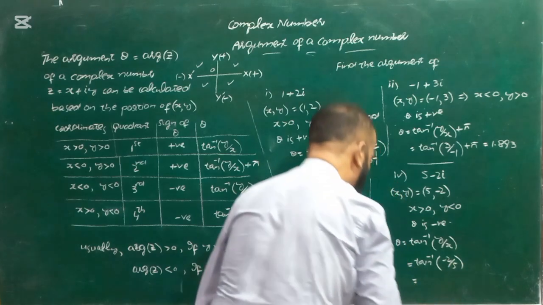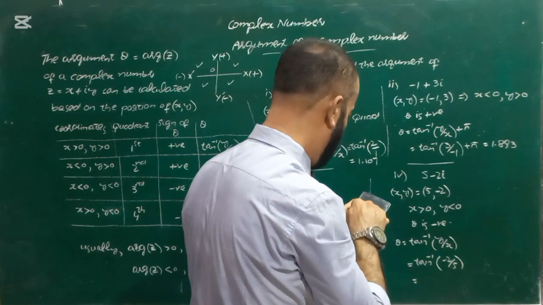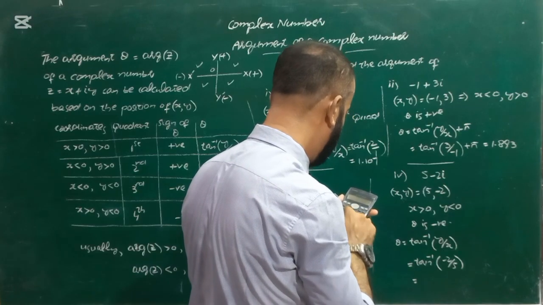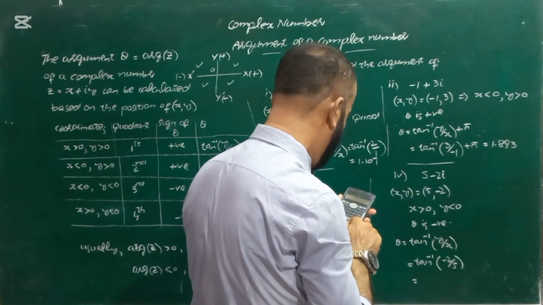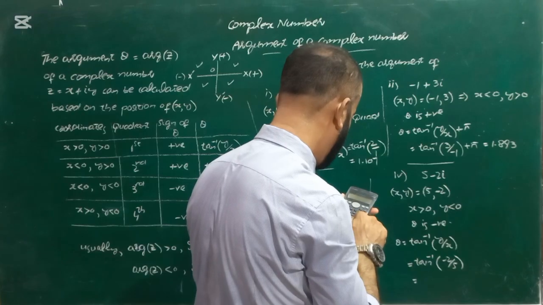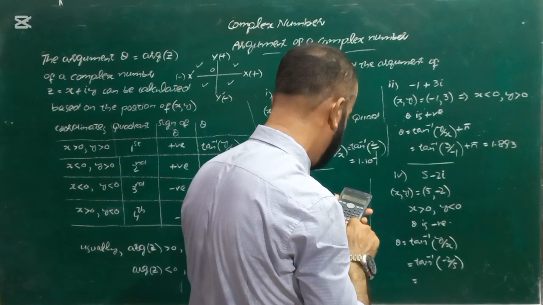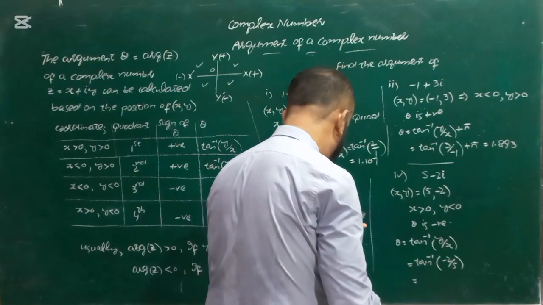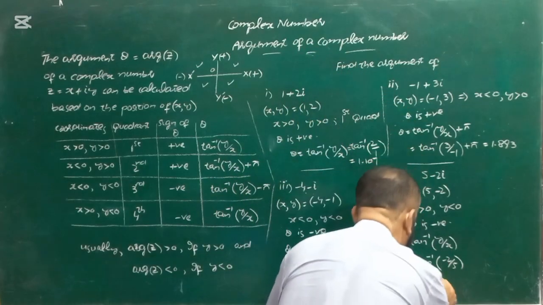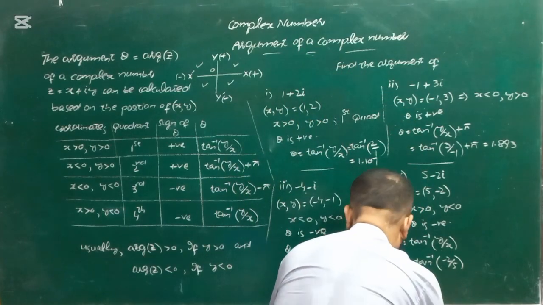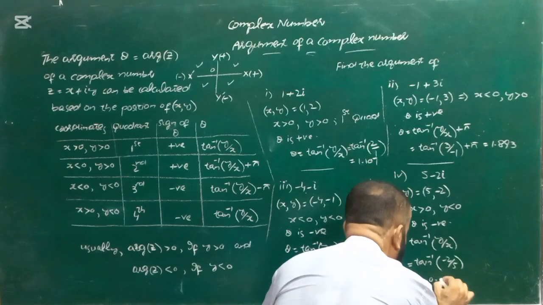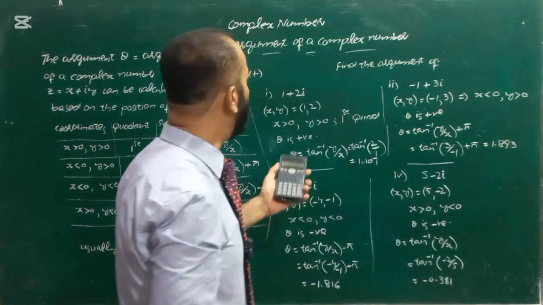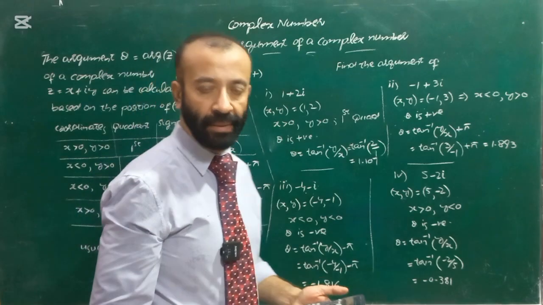Solving it on the calculator: shift tan, small bracket start, -2 by 5, bracket close. Answer is -0.381. So this is the method for finding the argument of a complex number.